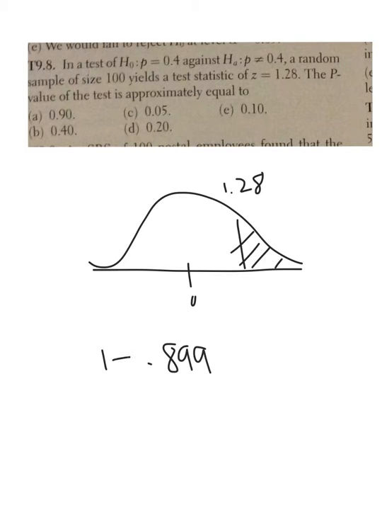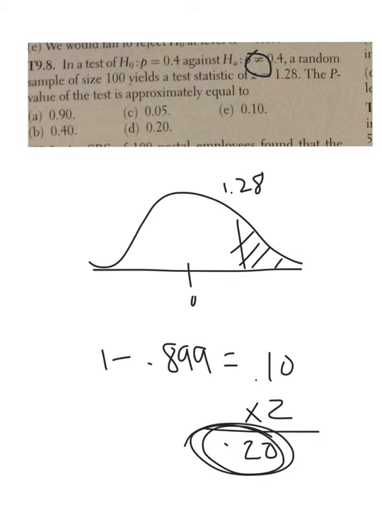Okay, 1 minus that, and that's going to give me approximately 0.10. But don't forget, we need to multiply it by 2 because it is a 2-tailed test. So it should be approximately 0.20. D is the answer.